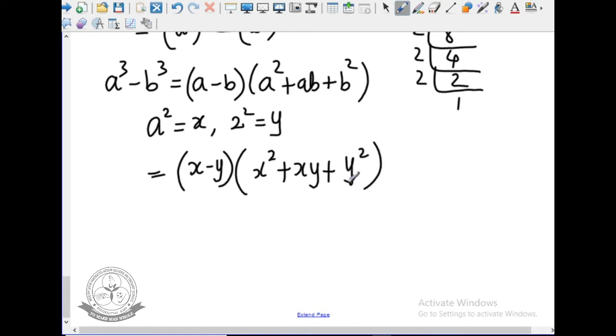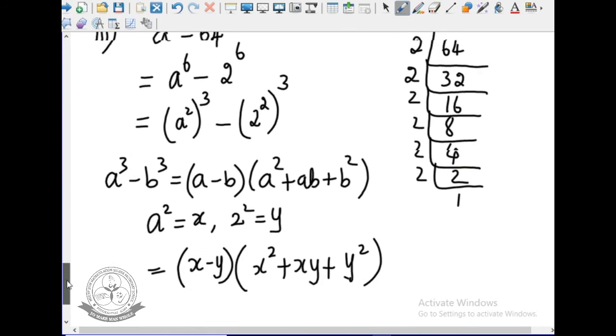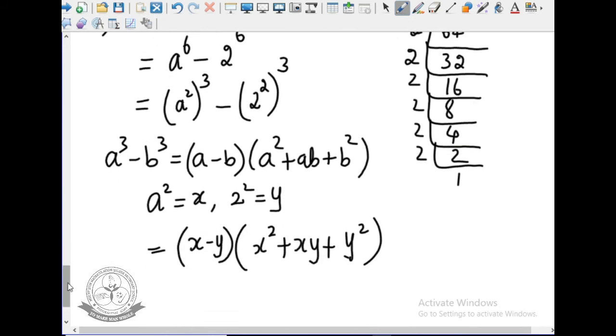See here, a cube minus b cube is a minus b into a square plus ab plus b square. I take a square as x, and the 2 square term as y. So x cube minus y cube gives this formula: x minus y into x square plus xy plus y square.